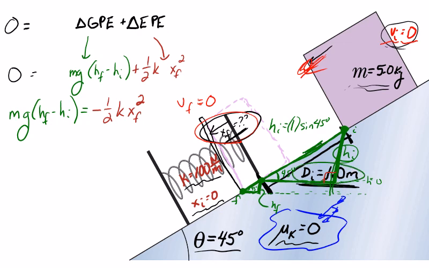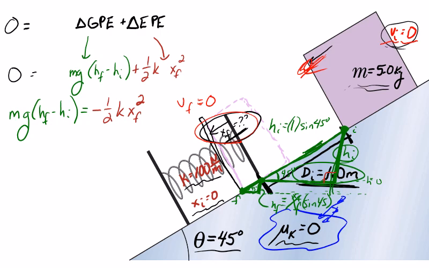And then my little HF, where the hypotenuse is my XF, is going to be equal to XF times the sine of 45 degrees. But since it's going to be going down that much, remember we've got to make this negative, so I'm going to put a negative sign on there.